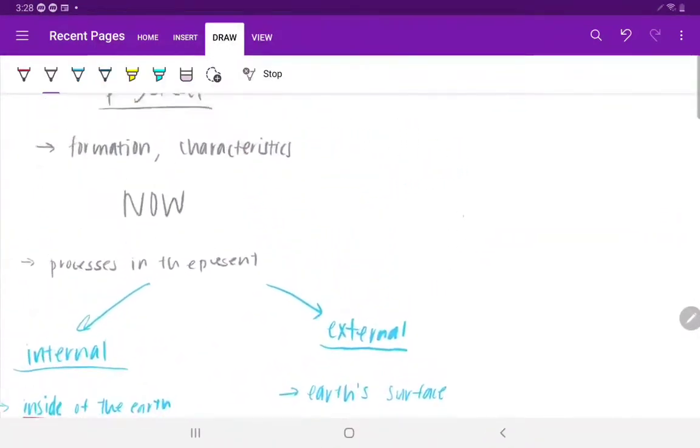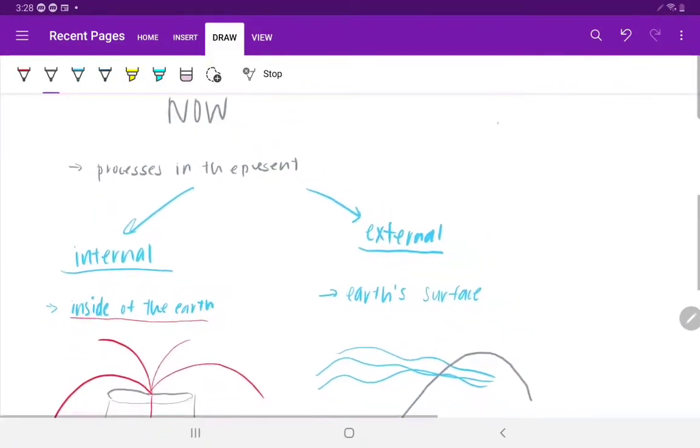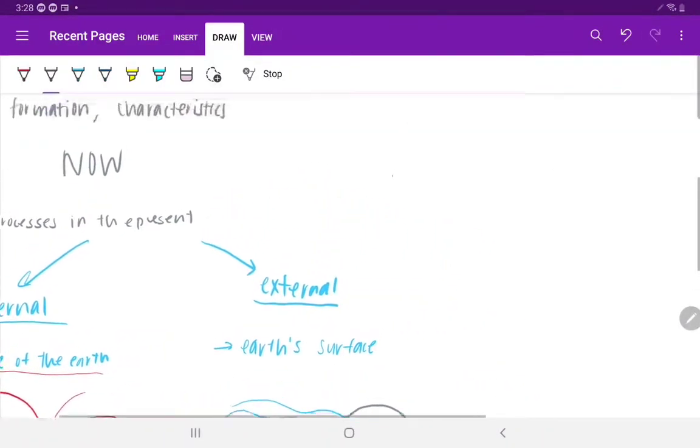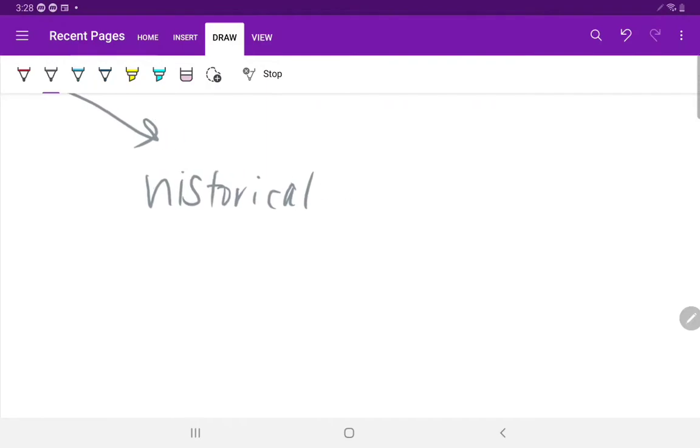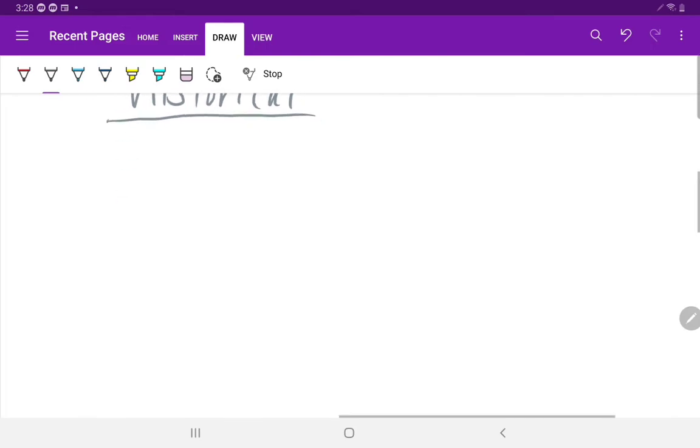That's basically it for physical geology. We saw how physical geology looks at current processes, current formations, and current structures, and we also took a look at the different types of processes. The next category of geology we can take a look at is historical geology. Historical geology studies processes and formations from the past.